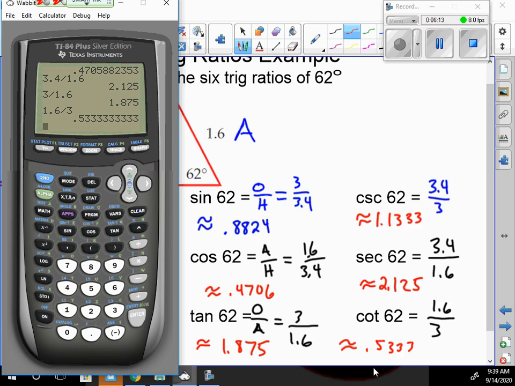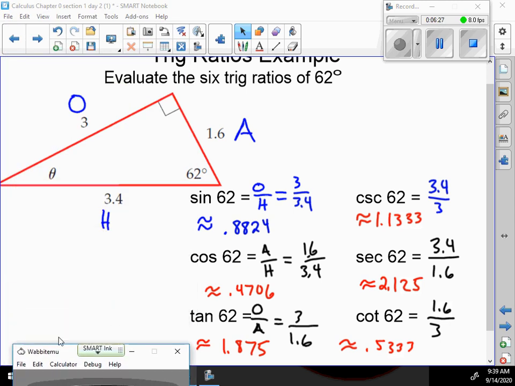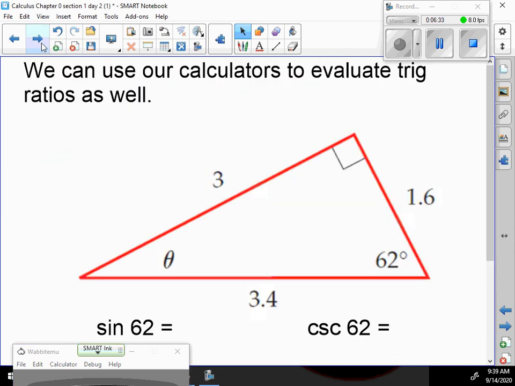I mean, it relates back to it, but do we want to draw the triangle out every time, draw a 62-degree angle, start labeling some sides and putting them in together? That's going to be more difficult for each time that we do it. But basically, all trigonometry is based off of these right triangle values that are given to us. And we'll see that whenever we use the calculators to evaluate the trig ratios.